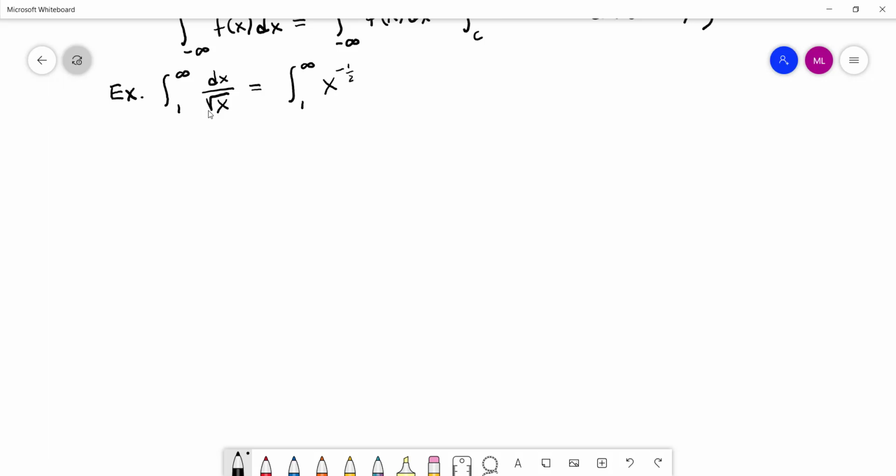And we can just use the power rule on this. So this is the integral that we're dealing with, another way of writing it. And I want to evaluate it, and to do that we have to take the limit. So I'm going to take the limit as b goes to infinity of the integral from 1 to b of x to the negative 1/2 dx.